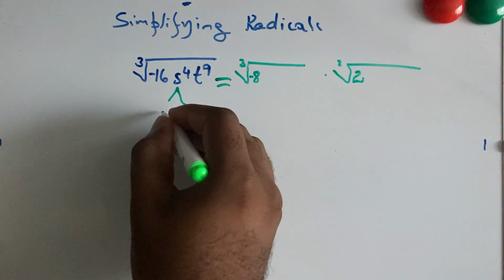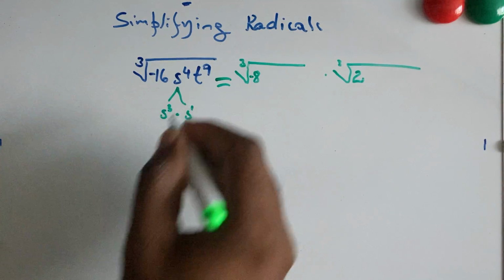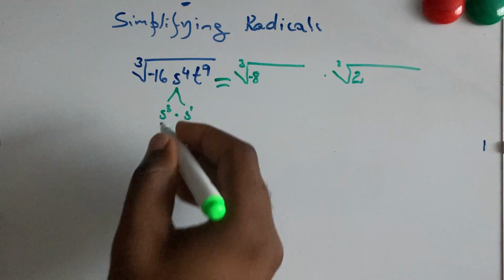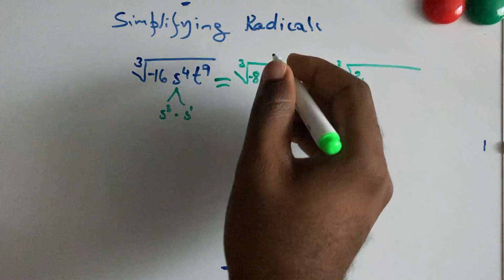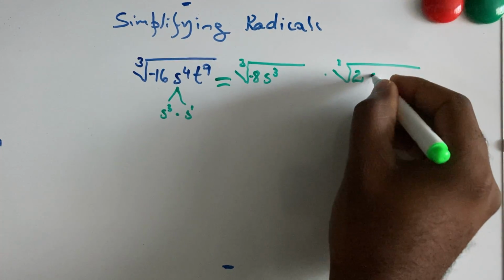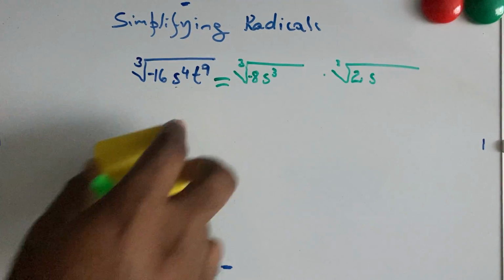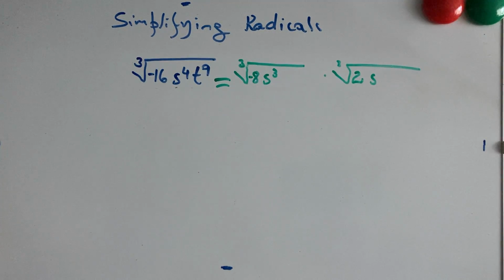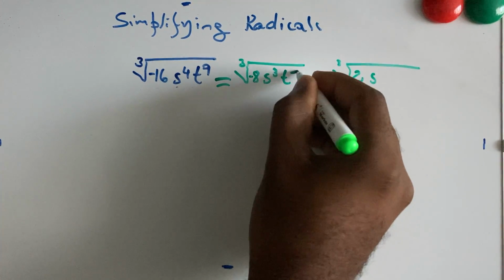So I can split this into s cubed times s to the 1st, because this will give me back s to the 4th. I have to add the exponents, right? So therefore, I can put s cubed here and s to the 1st there, right? Same way for the t to the 9. 9 is already divisible by 3, so I don't need to break it down. I can just put t to the 9 right here.